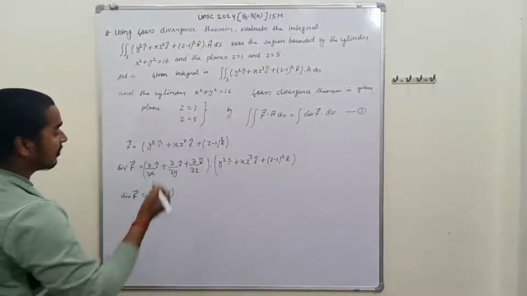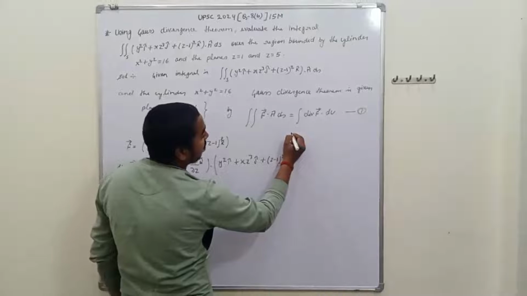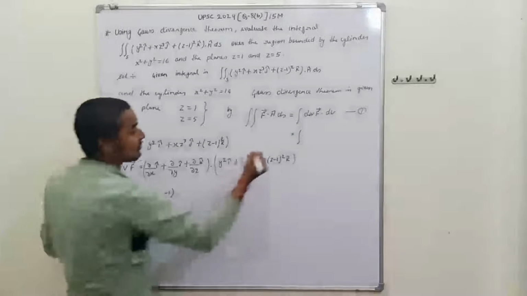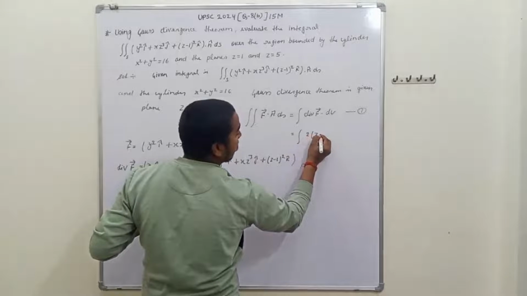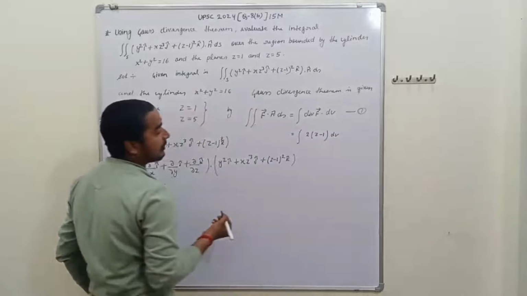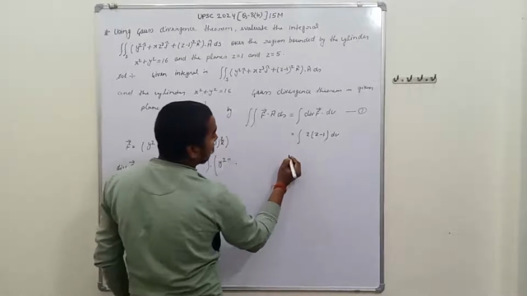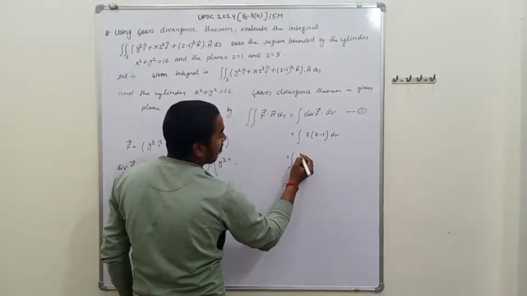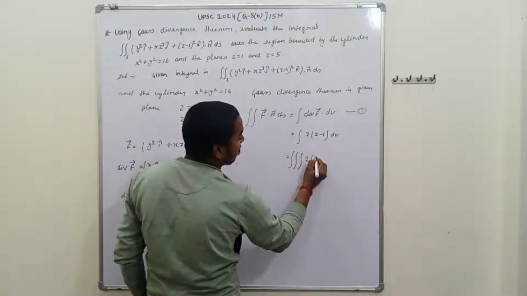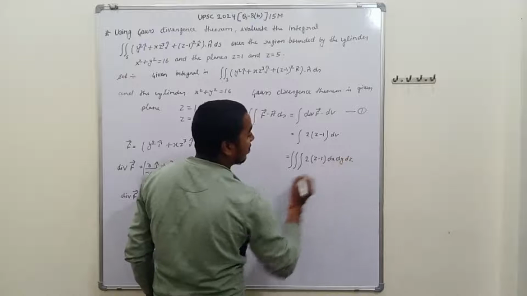Putting it in, we have to calculate 2 times (z minus 1) and dV, and dV is given by the triple integration of 2 times (z minus 1) dx dy dz.